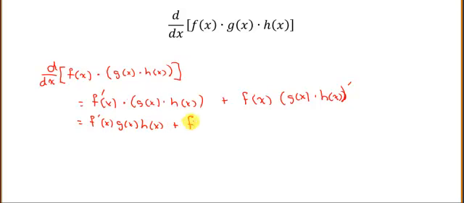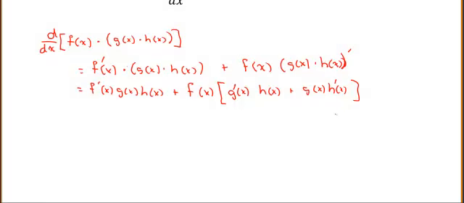Plus, now when we take the derivative of this function g of x times h of x, it's a product, so I'll make two copies. In the first copy, take the derivative of the first function, g. In the second copy, take the derivative of the second function, h.